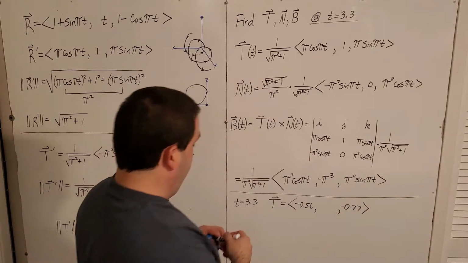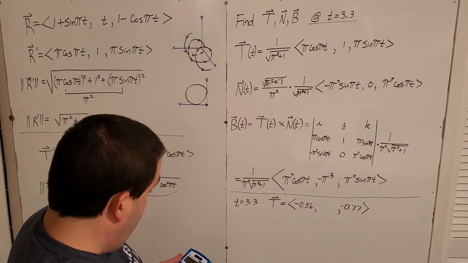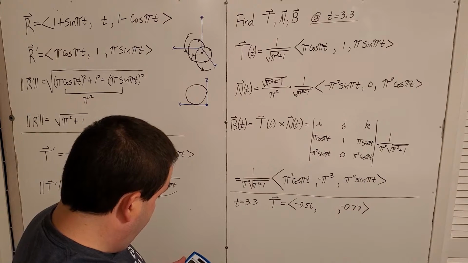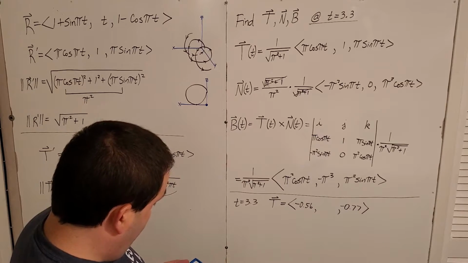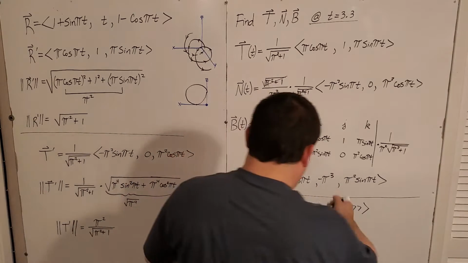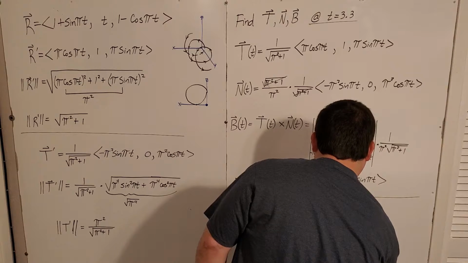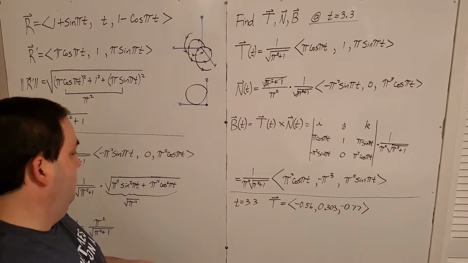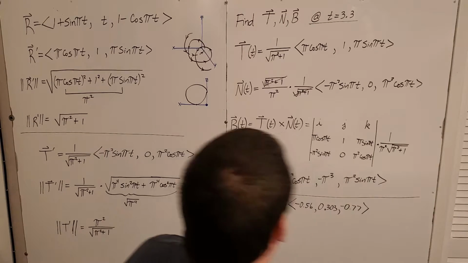And then for the last one, I just need 1 over the square root of pi squared plus 1, which is 0.3033.